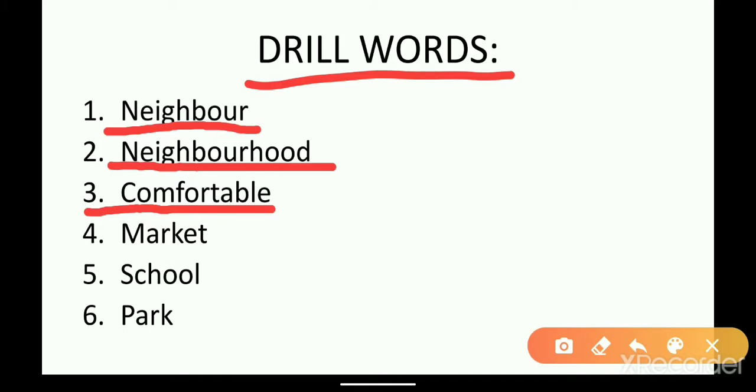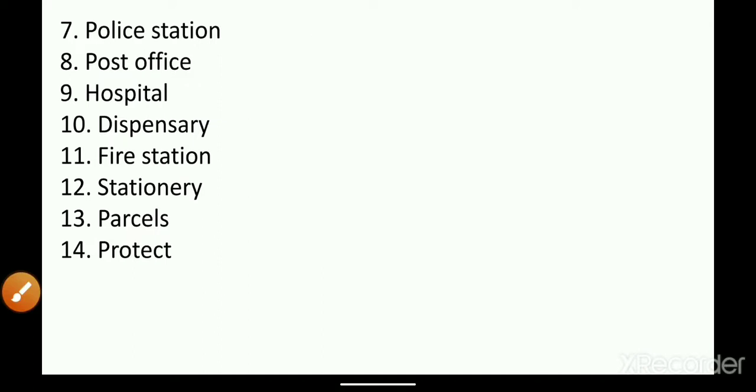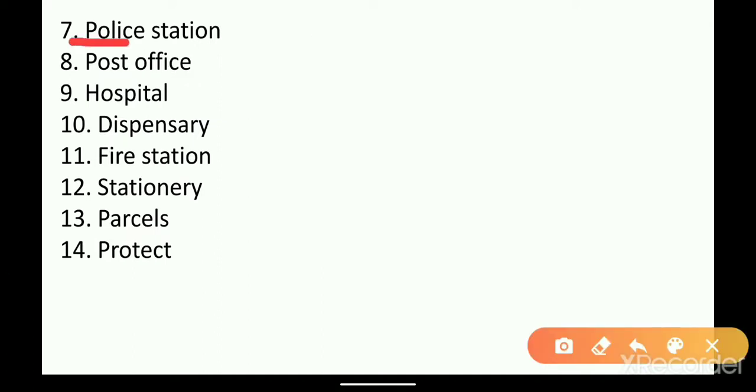Fourth, market. Fifth, school. Sixth, park. Seventh, police station.